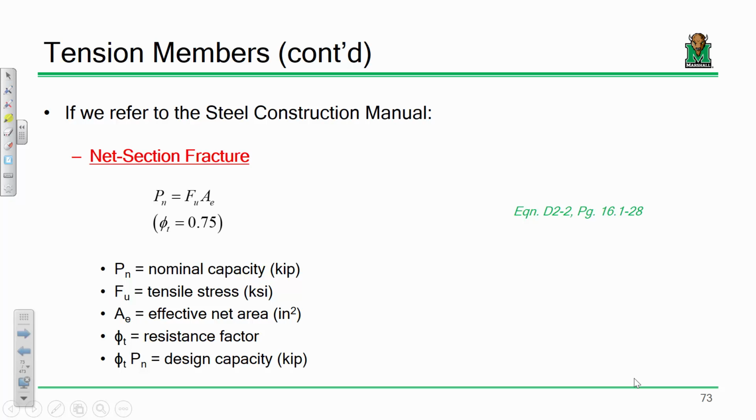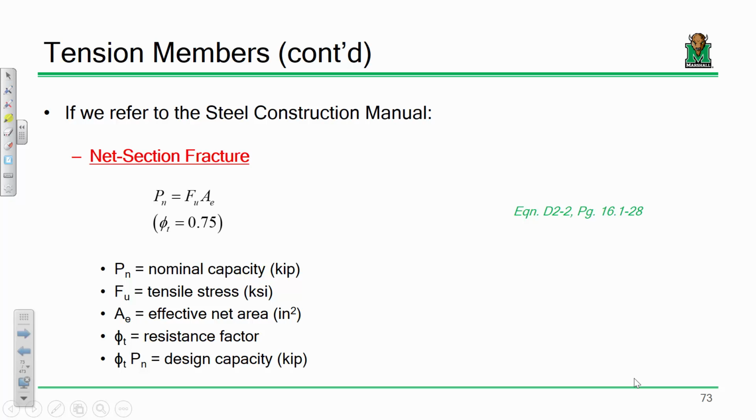Okay, let's think about that. These phi values are resistance factors. They are lowering the amount of capacity we can use. In other words, we calculate our capacity, but then we reduce it with these phi values. Now for yielding, we got a phi value of 0.9. But for fracture, we got a phi value of 0.75. Now let's think about that. If I have a building and a member yields, yeah, it sucks, but it doesn't mean it's separated in half, right?